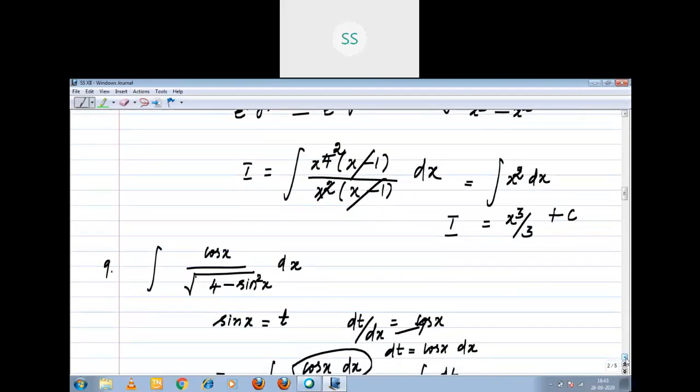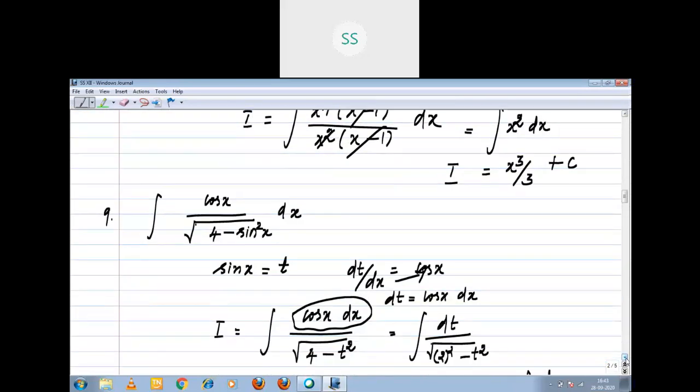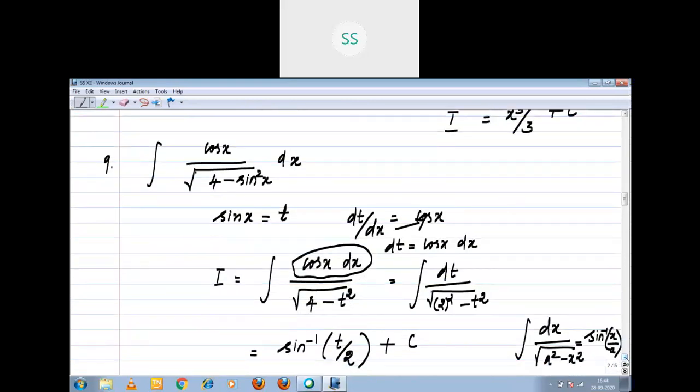Next, cos x divided by root of 4 minus sin square x. Here I adopt substitution. Once I adopt substitution, I want to do only the differentiation. Sin x equal to t. Then dt by dx equal to cos x. dt equal to cos x into dx. The numerator is replaced by dt. The denominator I modified in terms of standard format.